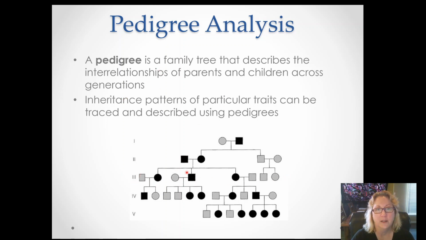Generally, squares are males, circles are females. A horizontal line connecting two people indicates a couple that's going to have children. A vertical line is connecting to the children. So this couple here has only 2 children.